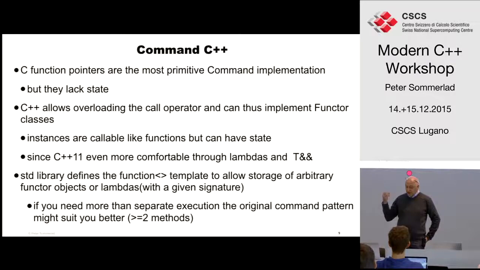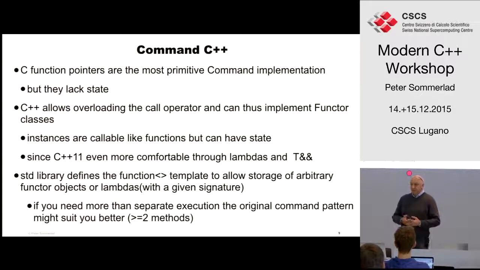We can use std::function to keep around these function objects, let's say in a vector of function objects, and call them later, or put them in a queue to call them later, or repeat them, or collect them as a macro, and all things like that.